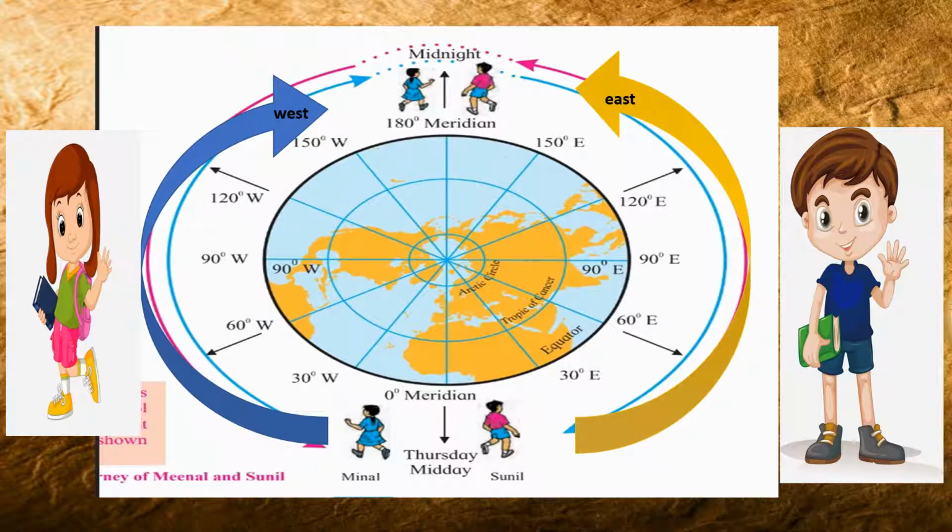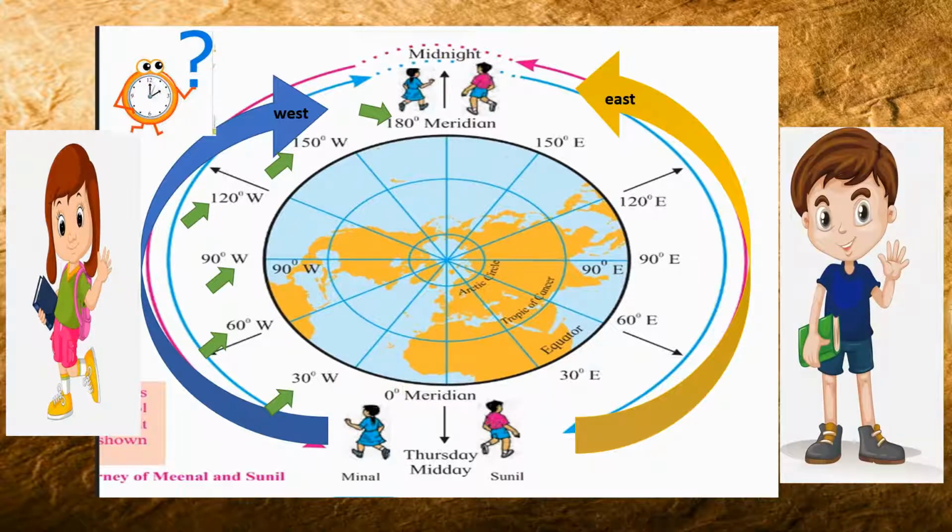Now, let's see about Meenal. When Meenal was moving more and more towards the western direction, what was the time she got at the 30 degree west meridian, 60 degree west meridian, 90 degree west meridian, 120 degree west meridian, 150 degree west meridian and 180 degree meridian? Afterwards, we'll learn about Sunil.